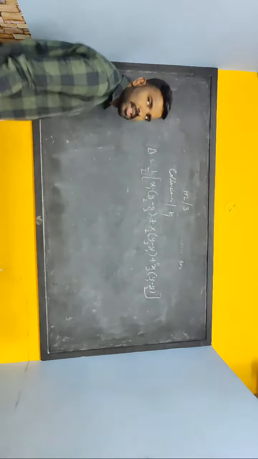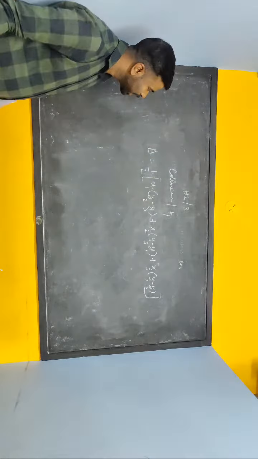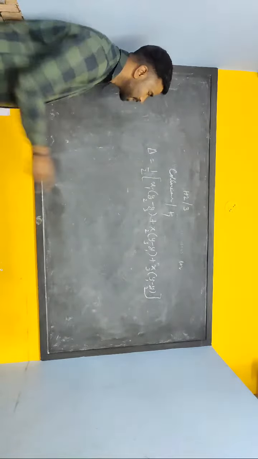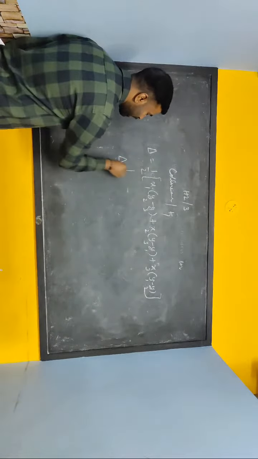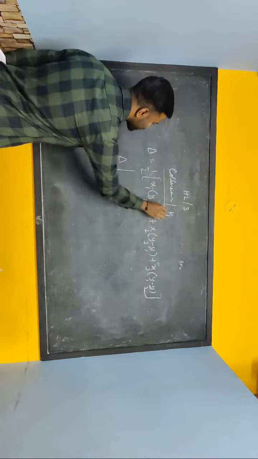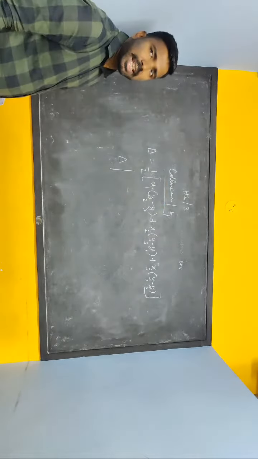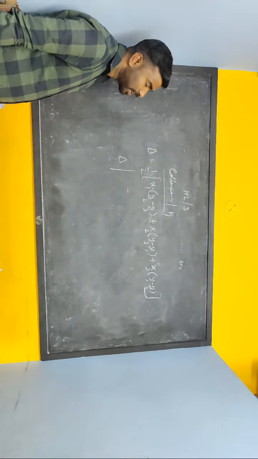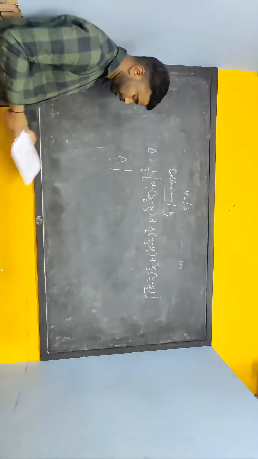If you write the numbers in cyclic order, you get the area of triangle formula. Based on this, finding the area of a triangle, or finding the value of k using the condition of collinearity, is an important 3-mark question.